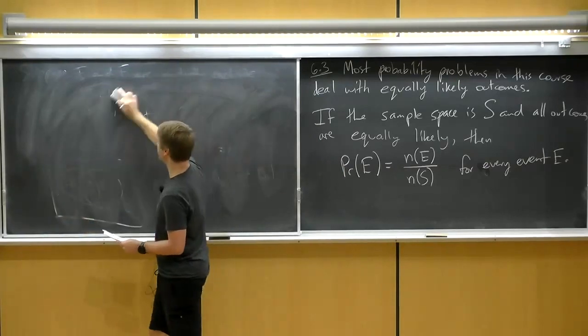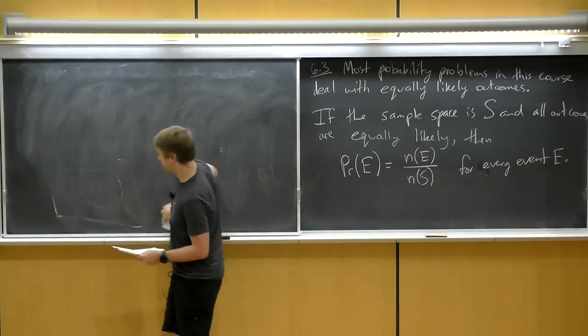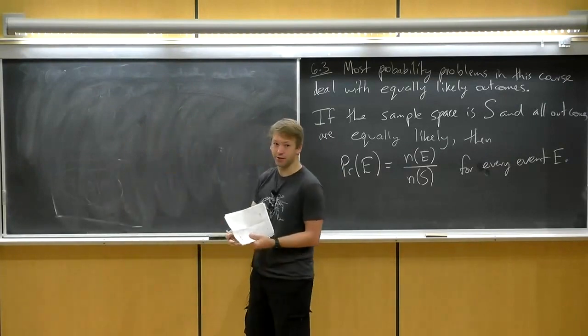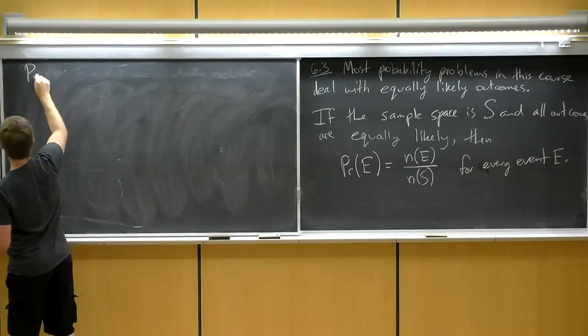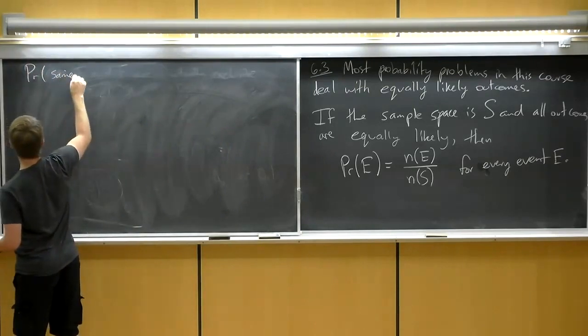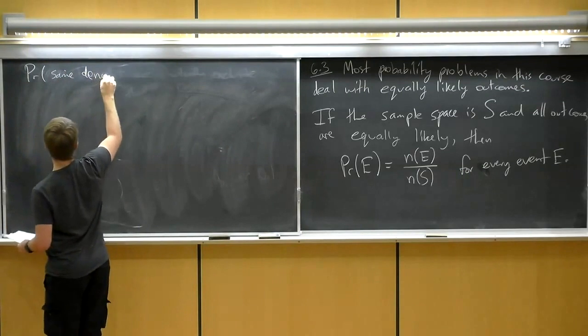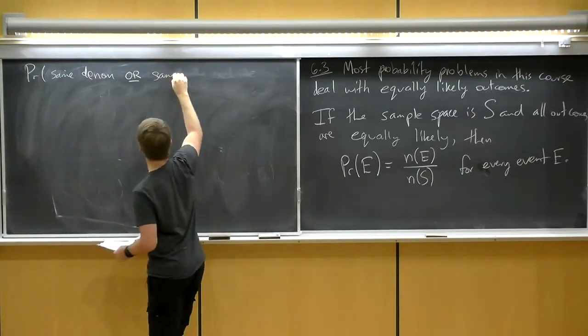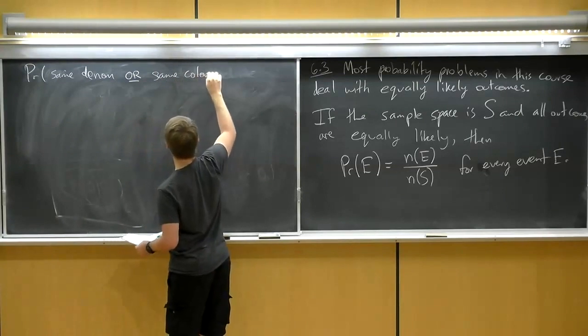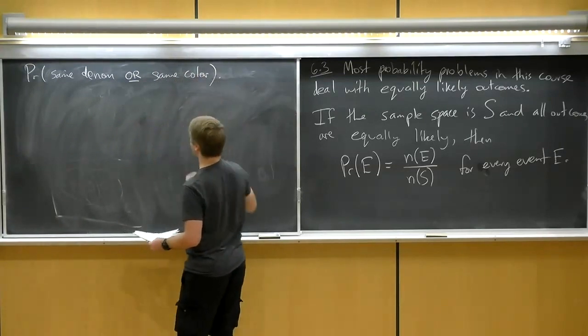Or let's not say same suit, but same color. There's two colors, red or black. So what's the probability of having the same denomination or the same color?